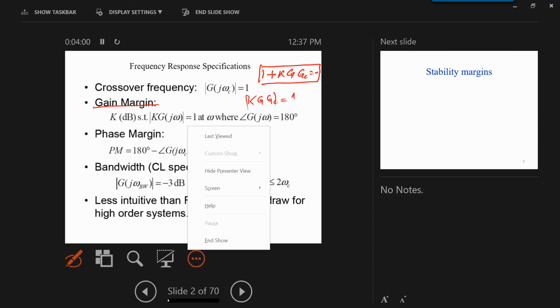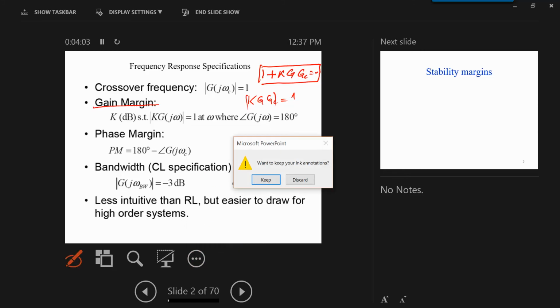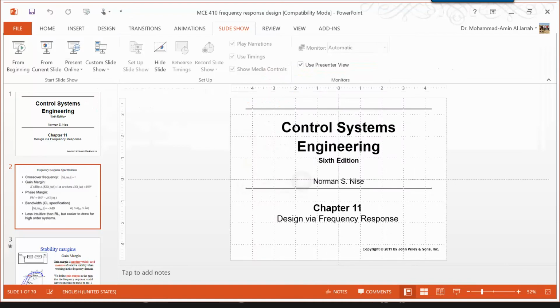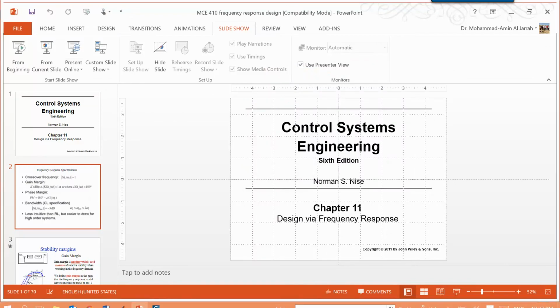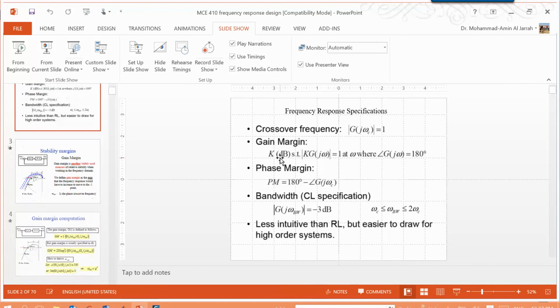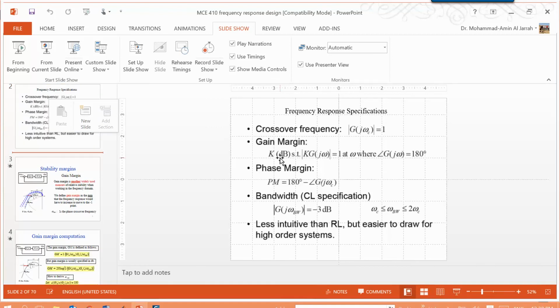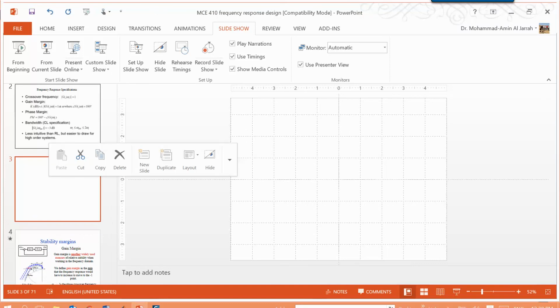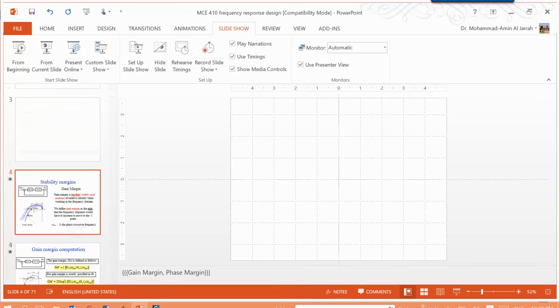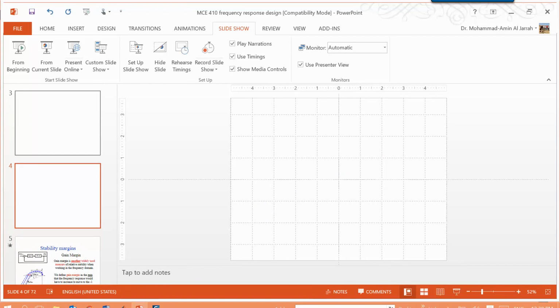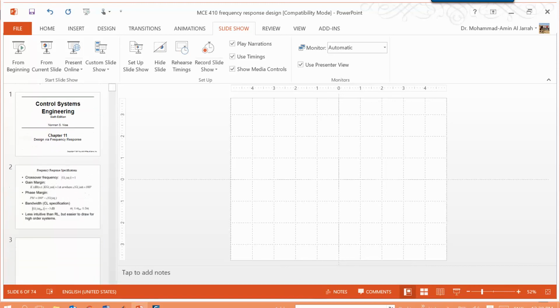Let me insert empty slides so I can use them as scratch paper. Okay, so let me go back here.